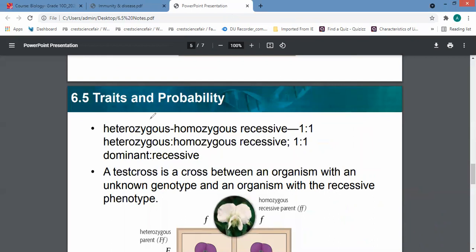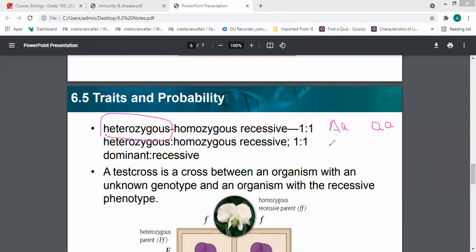This one explains heterozygous dominant with homozygous recessive, as in this example: capital A, small a, heterozygous dominant, and small a, small a. First, the factors are inherited: capital A, small a, and from this one, small a. So the producing offspring may be the first factor with this one, or the second with this one.